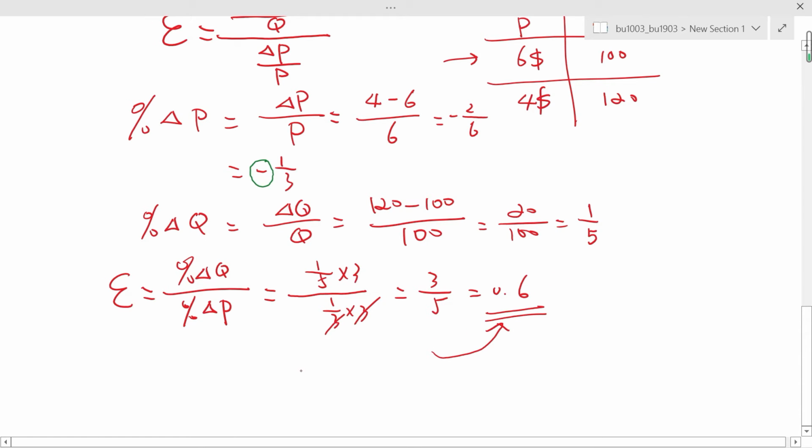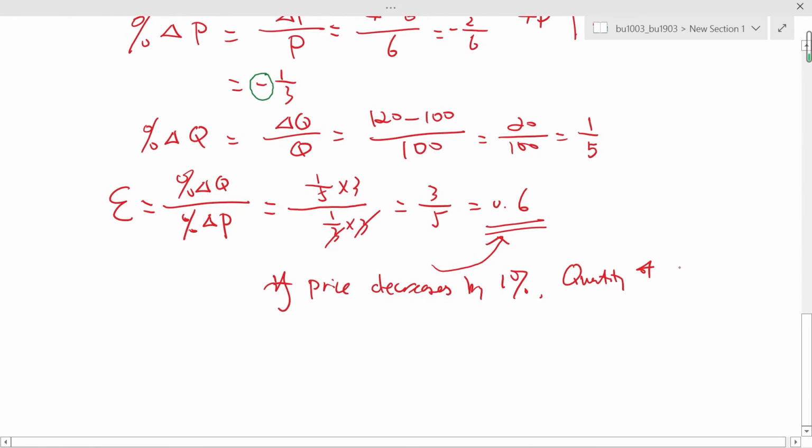Then the question is, what does 0.6 mean? 0.6 means that if price decreases by 1%, quantity demanded increases by 0.6%. And you should know that this is smaller than 1%.